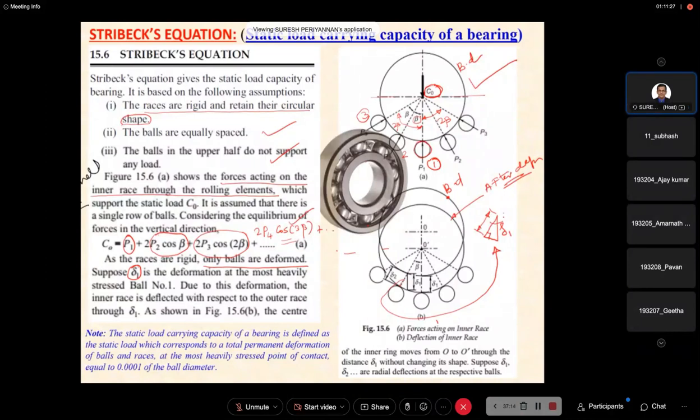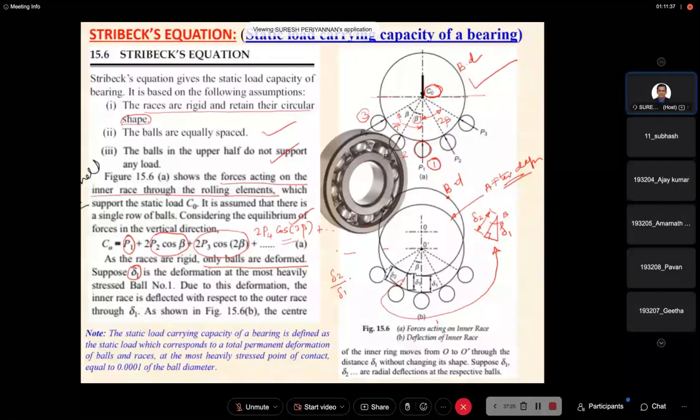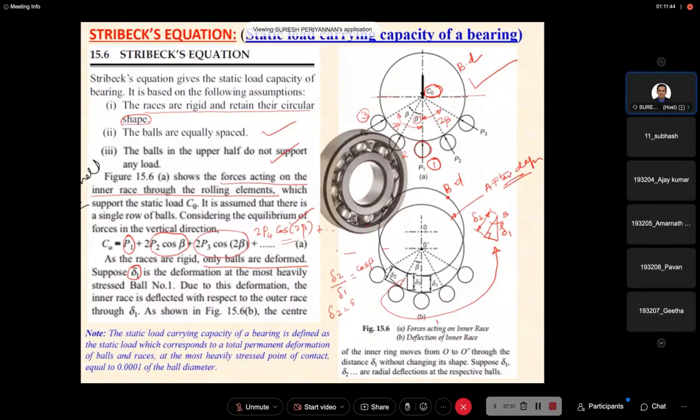We know the angle beta, and this is our delta 2. Now delta 2 divided by delta 1 is equal to cos beta. From this we are able to find delta 2 is equal to delta 1 into cos beta.